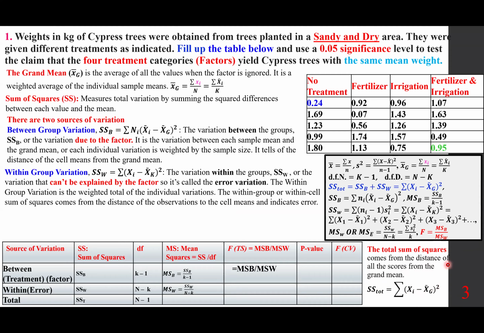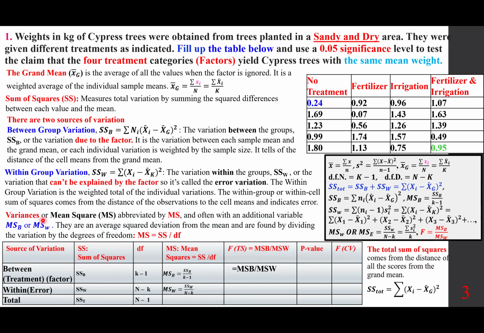Those are the pieces of information. Now, when you divide by a proper number, it becomes a variance. Variances are also known as mean squares, abbreviated MS, often with an additional subscript, MS sub b or MS sub w.